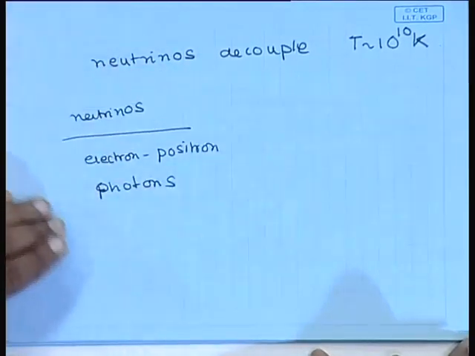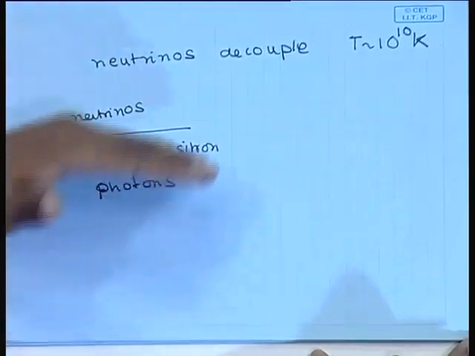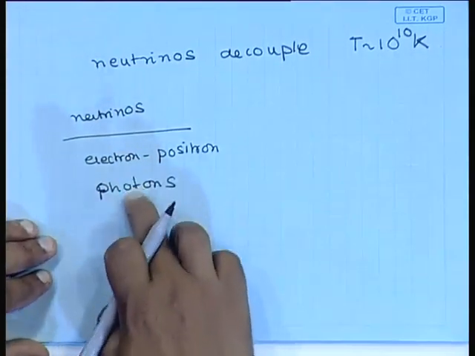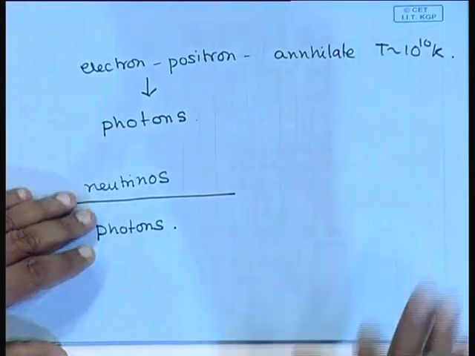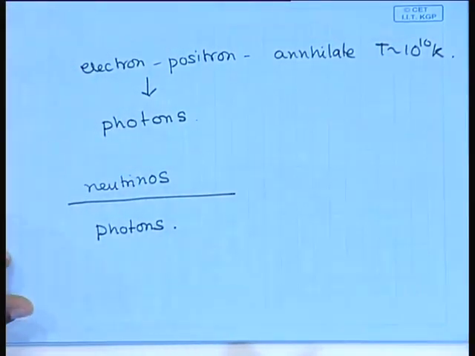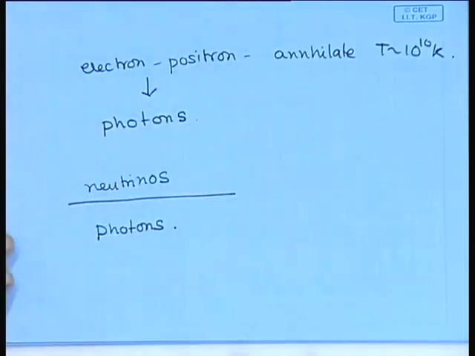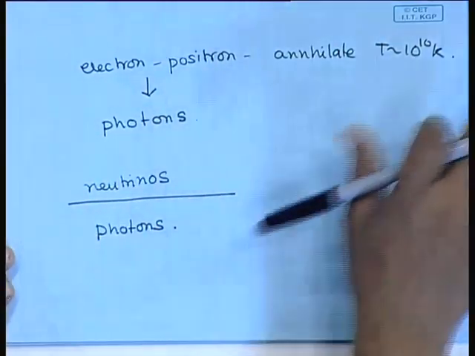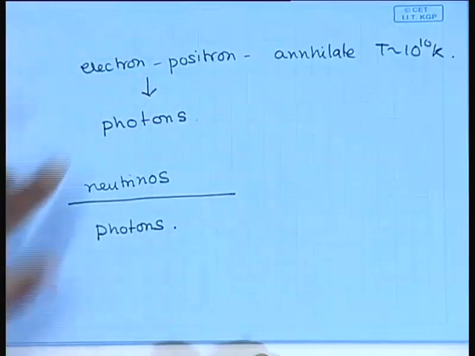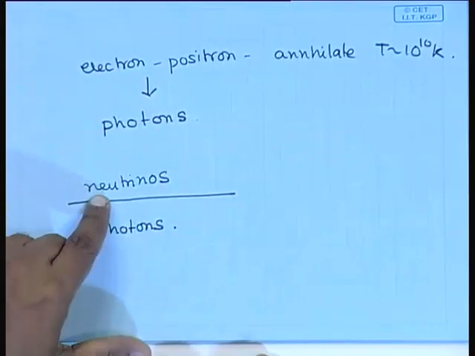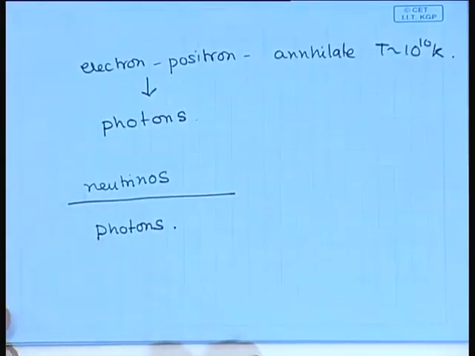So, the neutrinos are separate, the electron positron pairs and photons are a separate fluid. These two are in equilibrium. And then at similar temperatures also, but subsequently the electron positrons also annihilate. This falls below the mass scale of these particles. So, they annihilate to produce photons. So, you are left with neutrinos and photons, and this continues till the present.